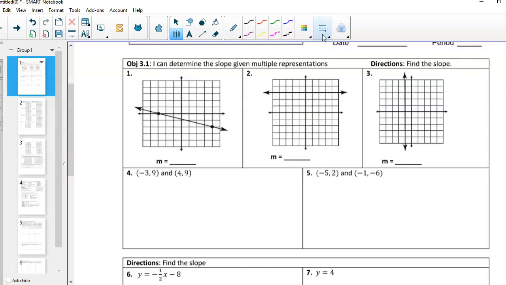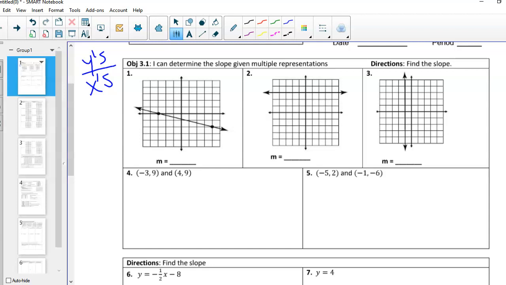So for your slope, you need to be able to find your slope from your graph. Remember that these are always your y's over your x's, and rise over your run.